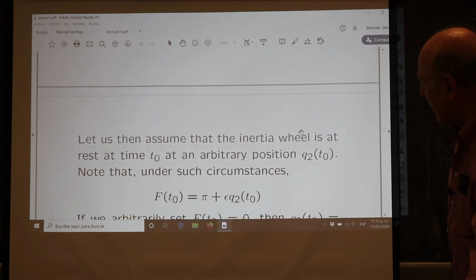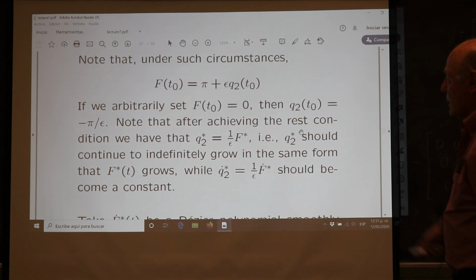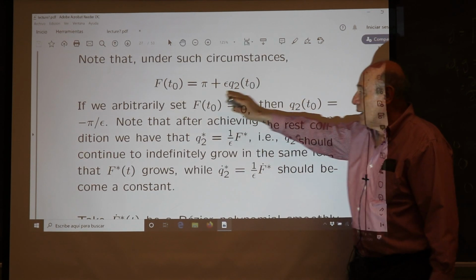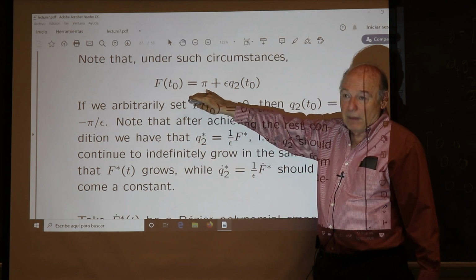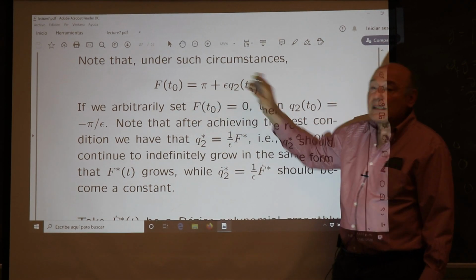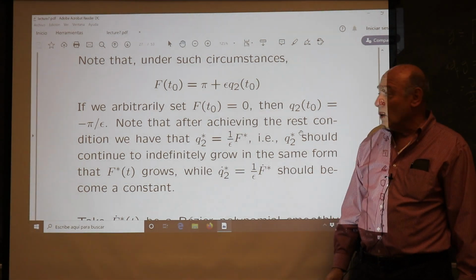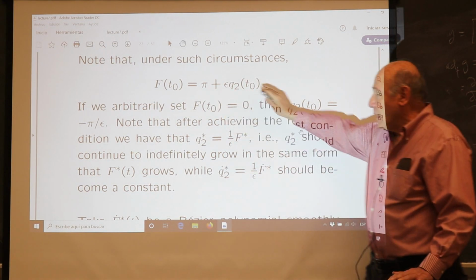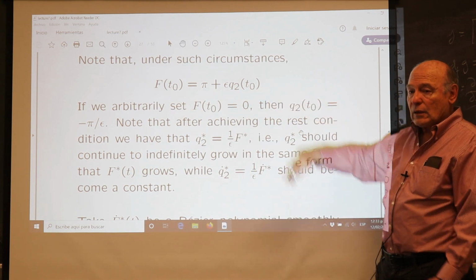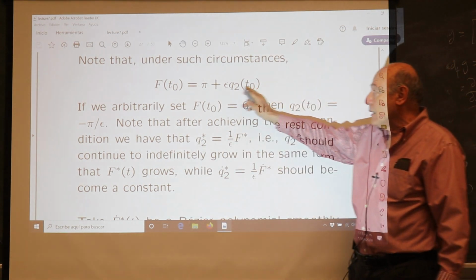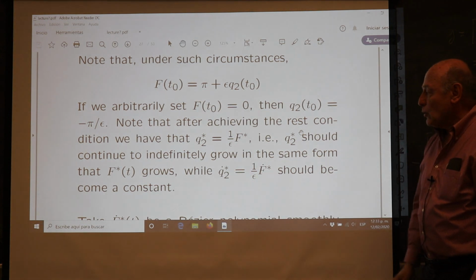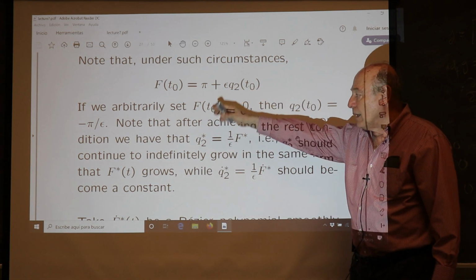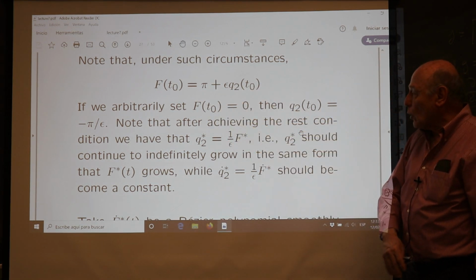Well, the physics tells you, and the analysis of this thing, from the initial value, the value of the flat output has to be pi, which is the value of Q1, plus some value of Q2. You might not know, but it's a constant value. The initial conditions are set whatever they are. This Q2 0 can be something, doesn't matter. It will be some value. So you want to start possibly growing.